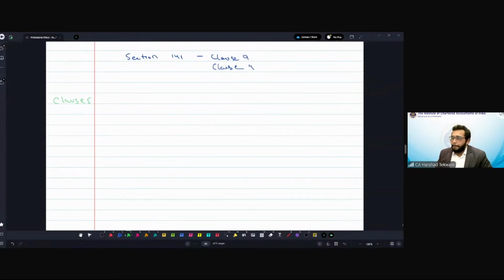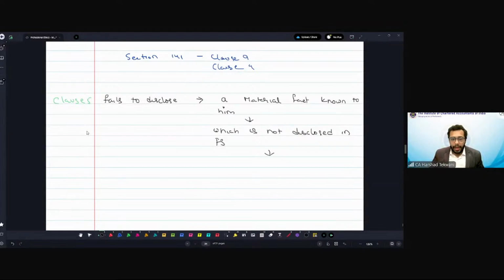Clause 5 talks about where a chartered accountant in practice fails to disclose a material fact known to him, the disclosure of which is necessary when it is related to the financial statement, or where he is concerned with the financial statement in a professional capacity.